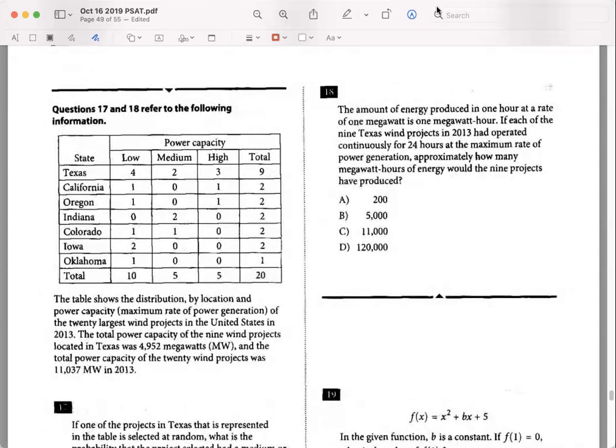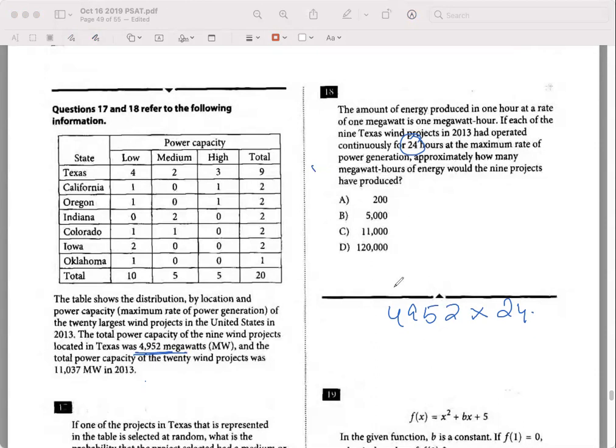So you can see that the total capacity of these projects is 4952 megawatts, right? And if they work for 24 hours at the maximum rate, then how many megawatt hours? It would be 4952 into 24.